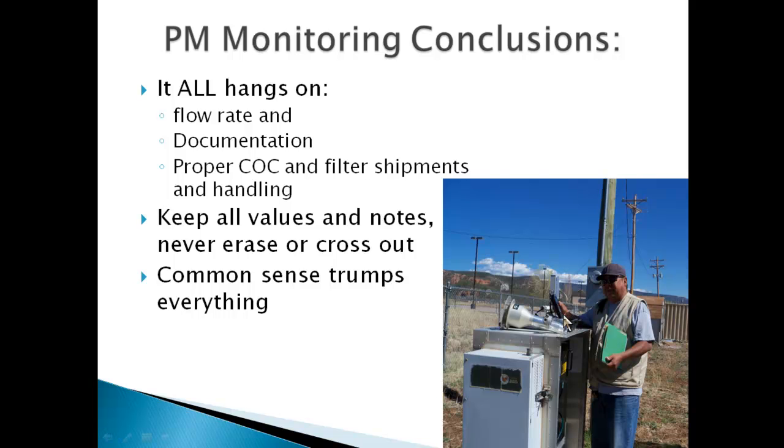Remember, it was 7%, I think, he had to have within his flow rate transfer standard. And you can see that he's got a logbook and some field data sheets there. And he has 2 of these.